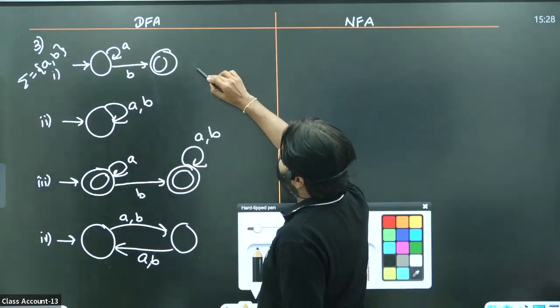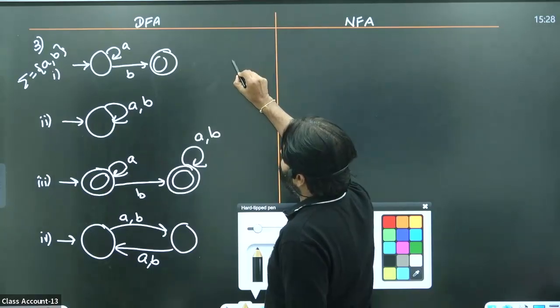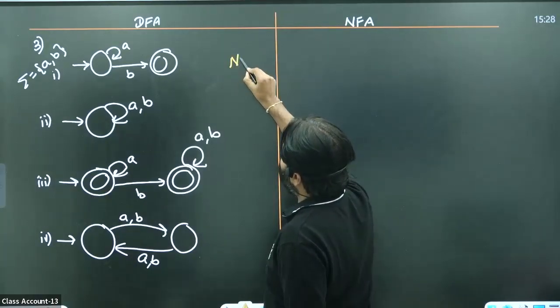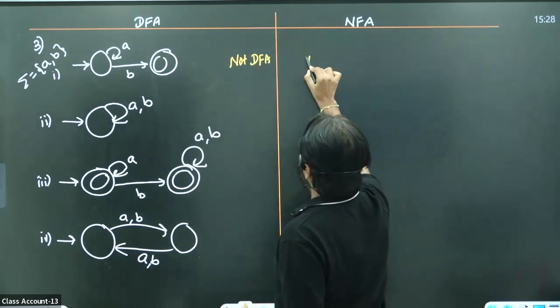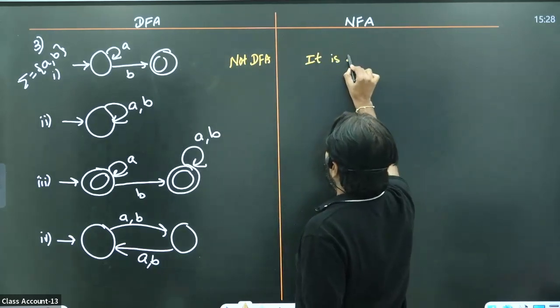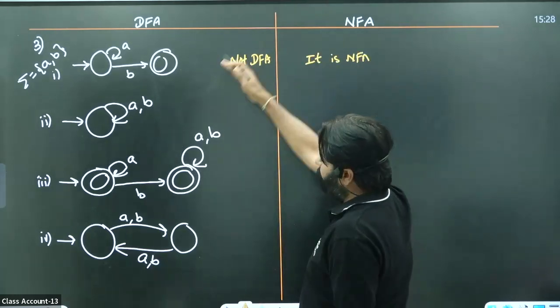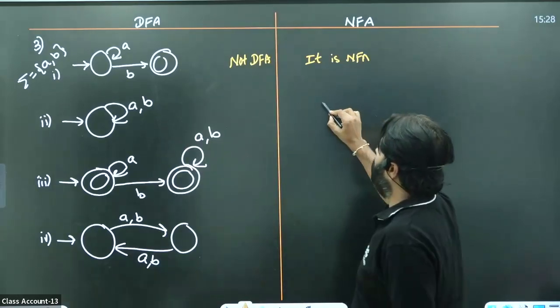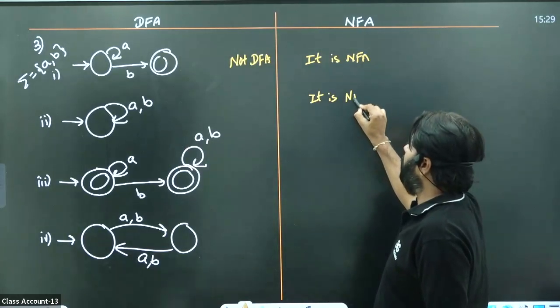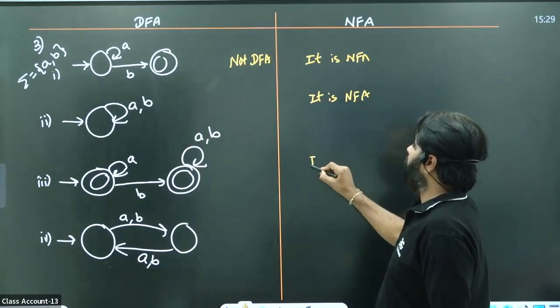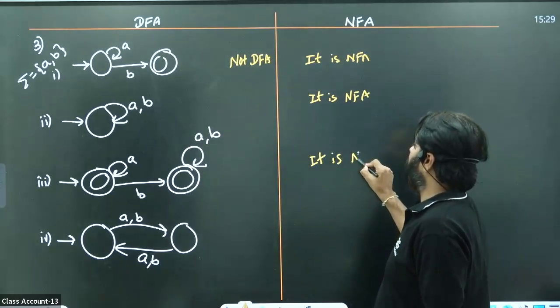Is this a DFA? This is not a DFA, correct? What is it, an NFA? Yes. Anything you see here, it is an NFA. Everything here is an NFA only. In an NFA, anything is possible. Any number of transitions you can have.